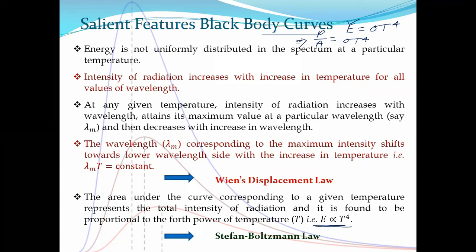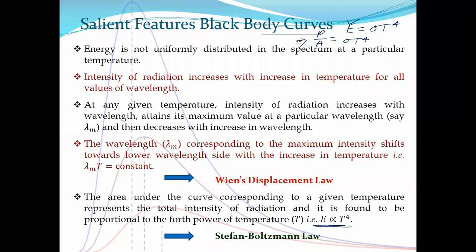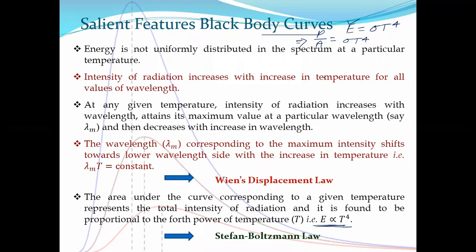Even for your home applications which are emitting light energy, if you are sure about the color, that means I am observing this particular color. Orange means which shade of orange. If you know it, then you know its wavelength. Then with the help of Wien's displacement law, that is lambda m T equals a constant, the constant is known, lambda m is known, so you find the temperature.